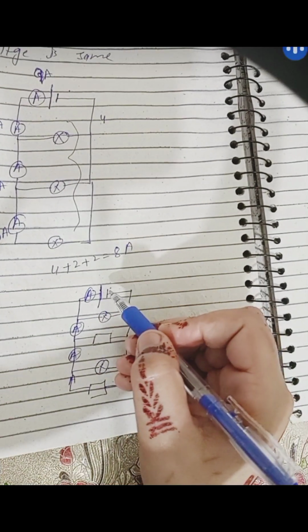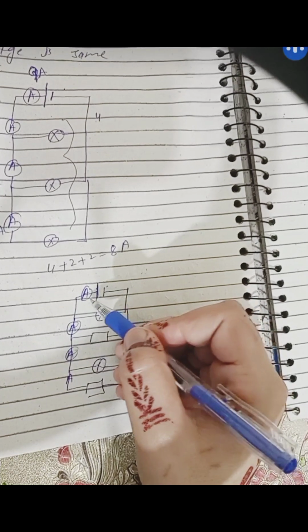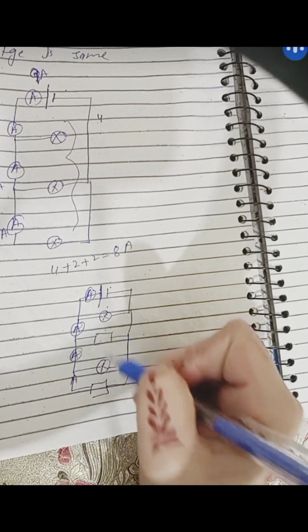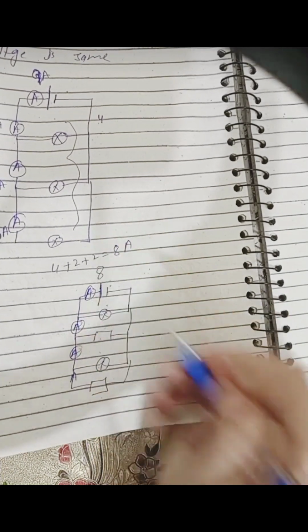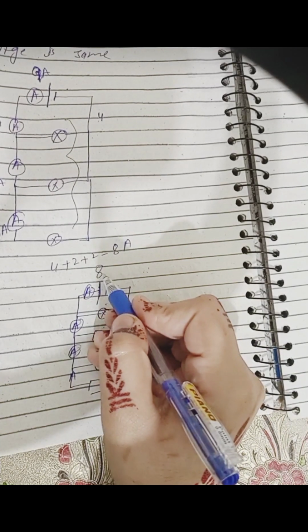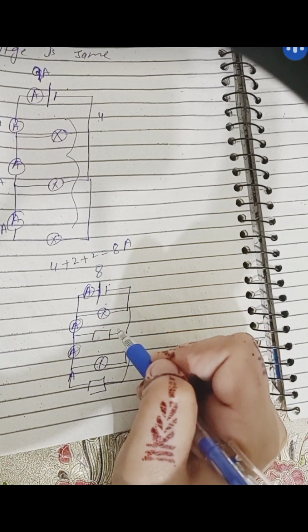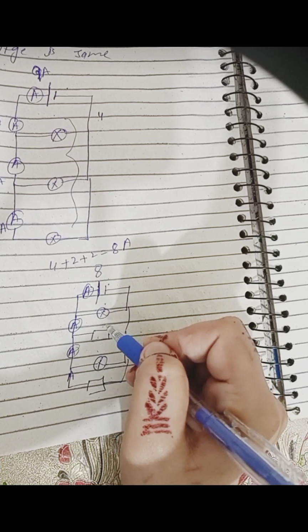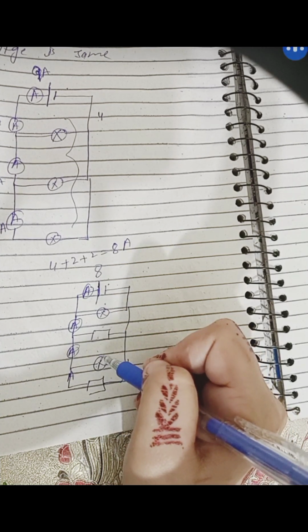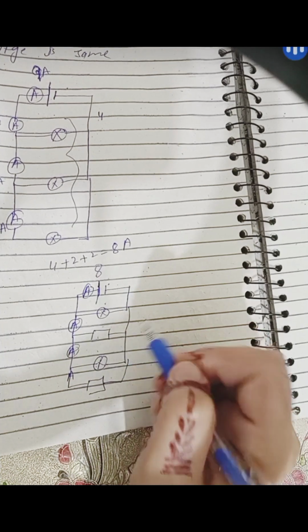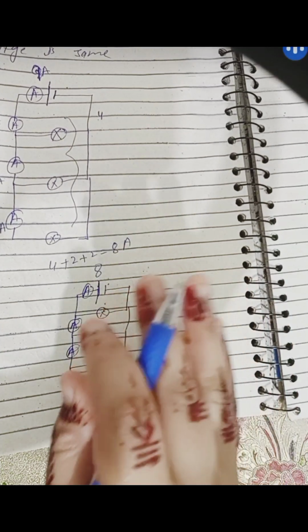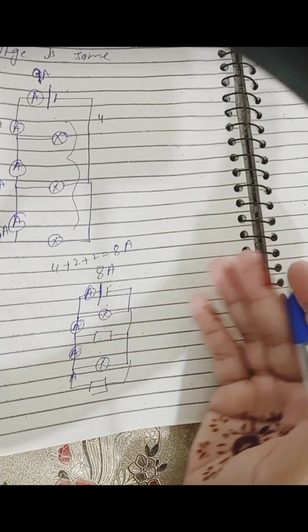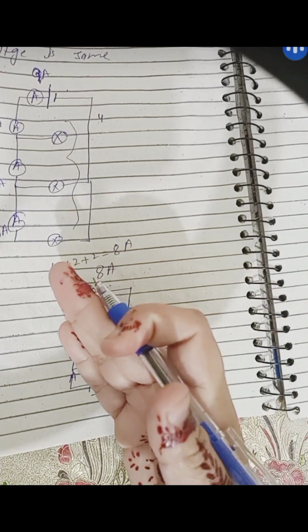Say we use a current of 8 ampere. Now we have to divide this 8 ampere coming from the source in a different form.